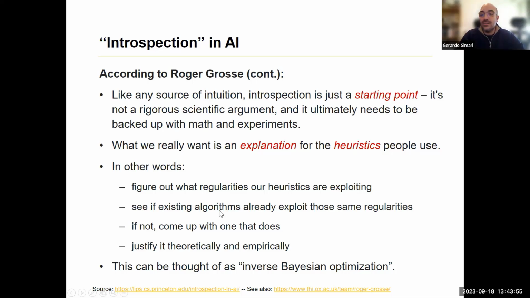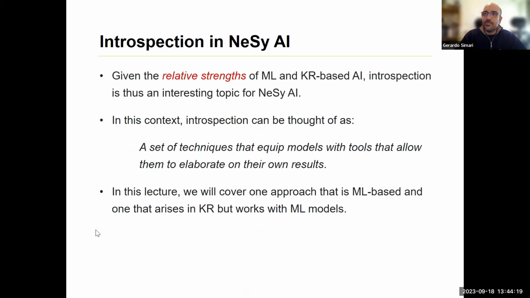If not, come up with one that does, and then move on to justify it theoretically and empirically. So he calls this kind of an inverse Bayesian optimization, where through human observation we might be able to pick up on insights, algorithmic insights, or little bits of knowledge, procedural knowledge at least, that might help us out.